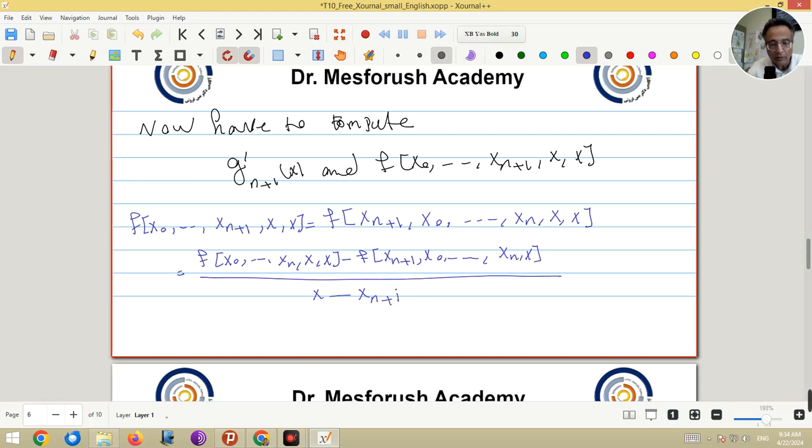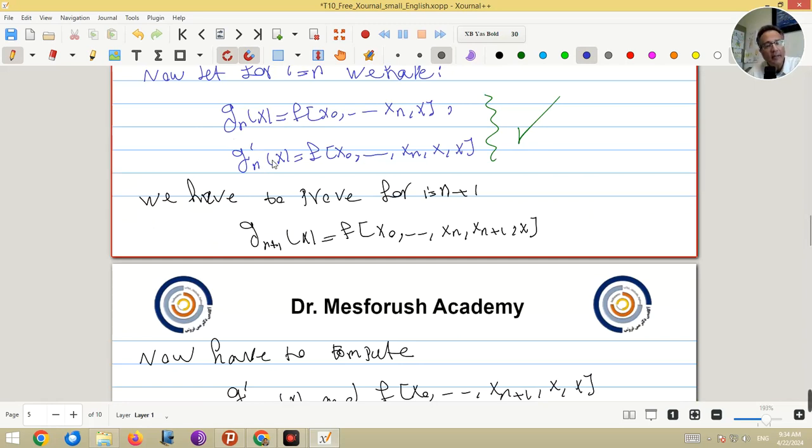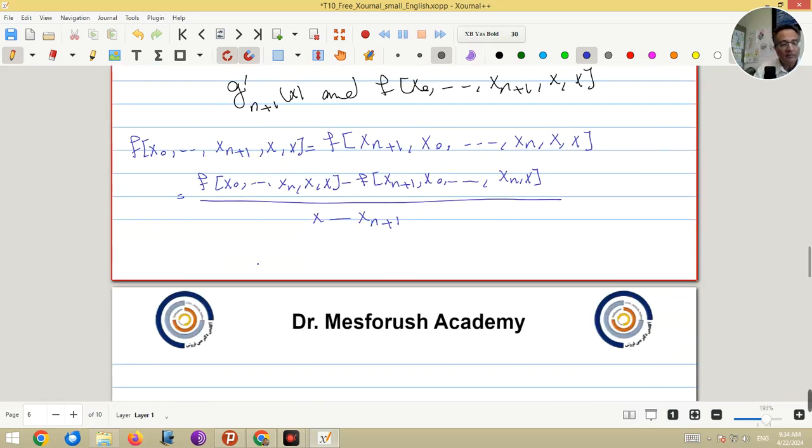Okay, now if you consider this one, we proved this item is exactly g'n(x). We had this by the assumption of induction. So I can write here for this one g'n(x) minus f[xn+1, x0 to xn, x] over x minus xn+1.